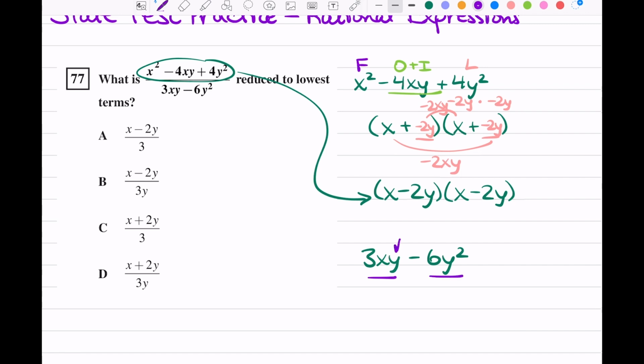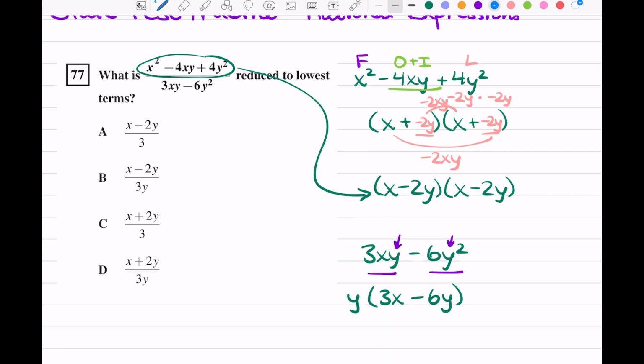You might notice that in both of these terms, we're multiplying a y, so we can factor that out. Factoring out is just like doing the distributive property backwards. So we take out that y, and we're left with 3x minus 6y. So if you multiplied that y back in, you'd get this line.